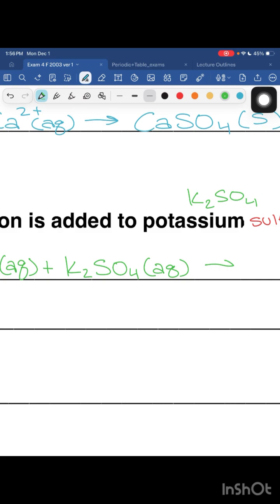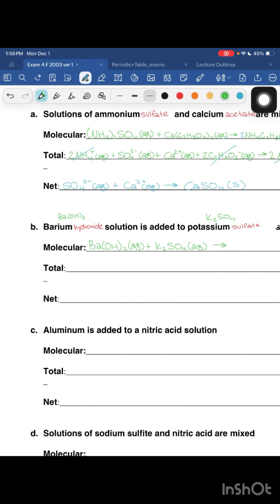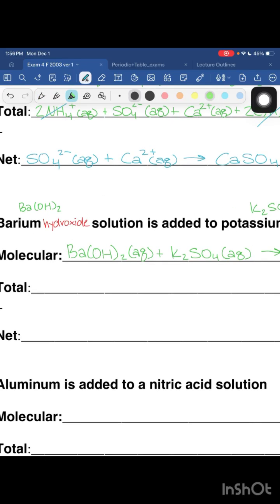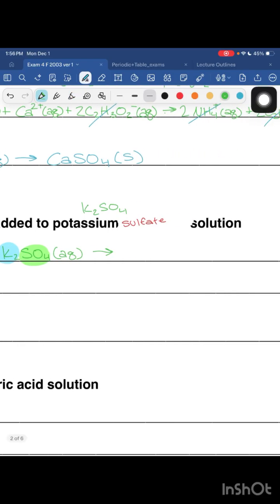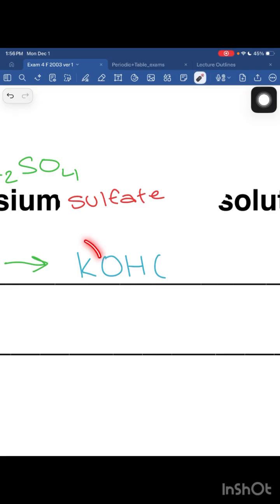When these do their reaction, barium is going to go with sulfate and the hydroxide will go with potassium. So we have potassium hydroxide, which is a strong base, and this is group 1, so it's always aqueous, which is part of why it's a strong base.